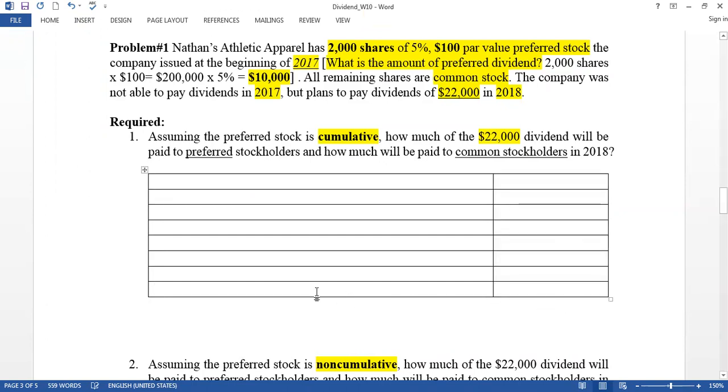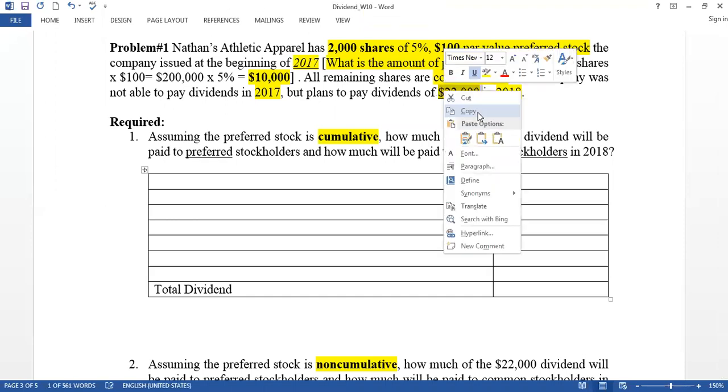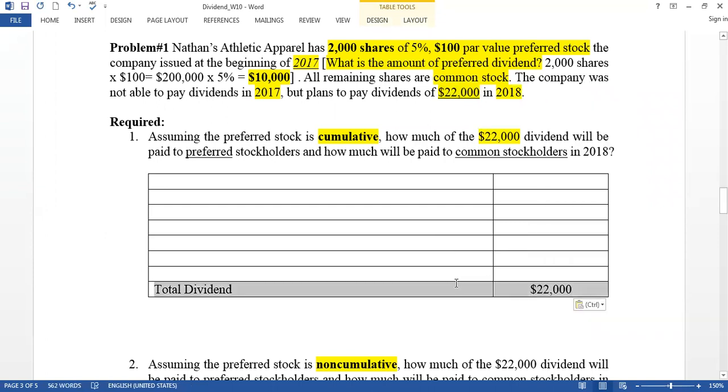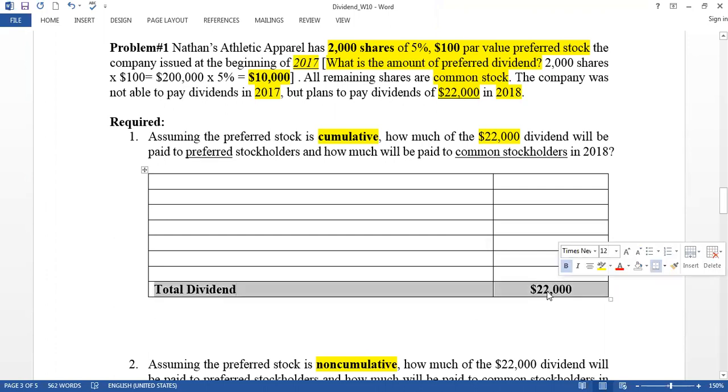First you have to remember what is the total amount of dividend. Total dividend according to this question is $22,000. This is the total dividend, so you cannot pay more than this money.